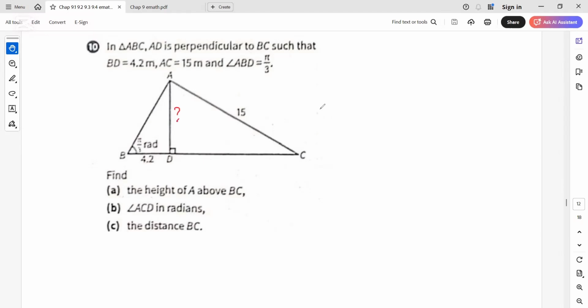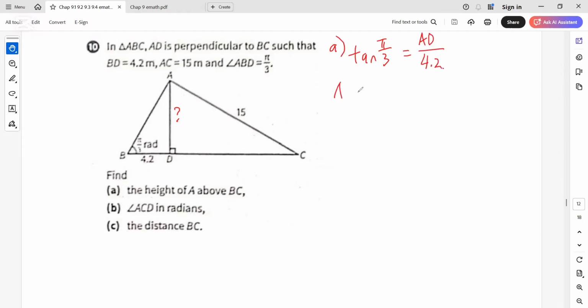So how do we find AD? First thing first, focus on triangle ABD. We are using SOH-CAH-TOA here to find the length of AD. The reference angle here is pi over 3, so this is the opposite, and this is adjacent. So we are going to use tangent. Tangent pi over 3 equals opposite, which is AD, over adjacent, which is BD, so I'm just going to write 4.2.